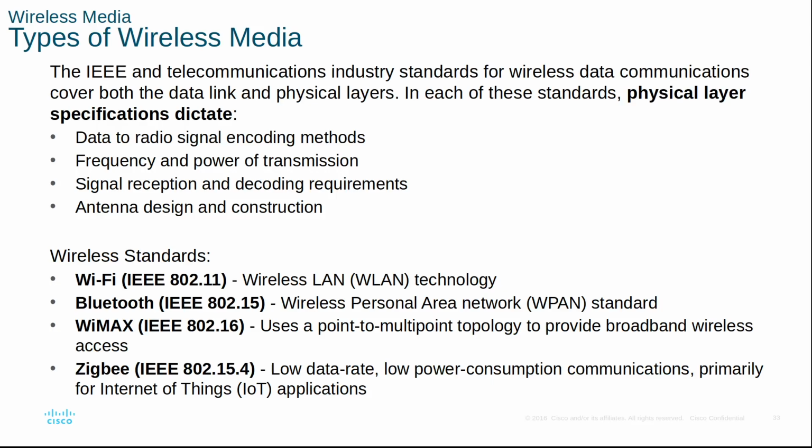And Zigbee, which is 802.15.4, is an extension to Bluetooth. It's a low data rate, low power consumption wireless connection used for IoT applications. Anytime you see 802 dot something, you know you're dealing with an IEEE standard.